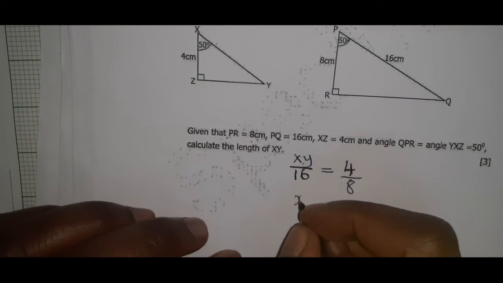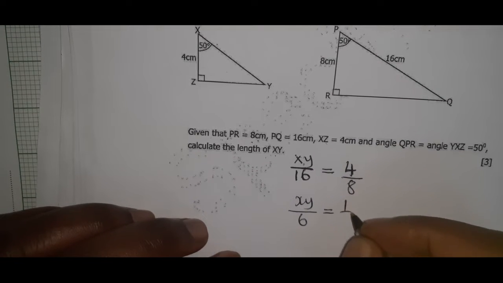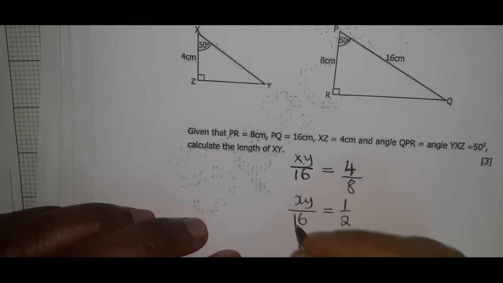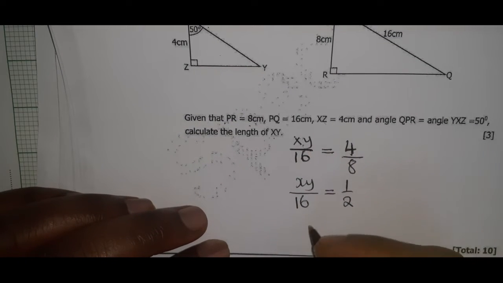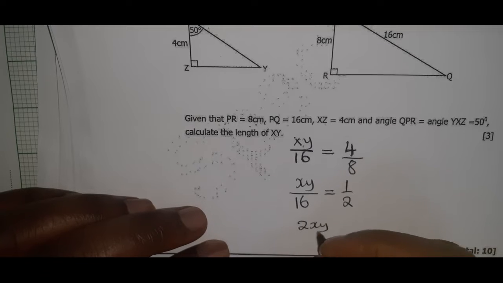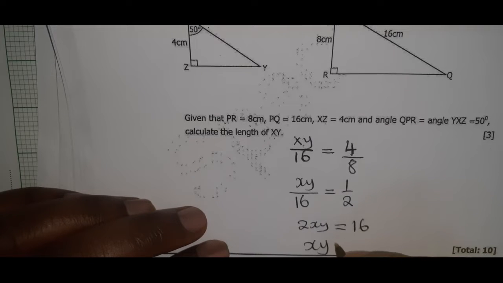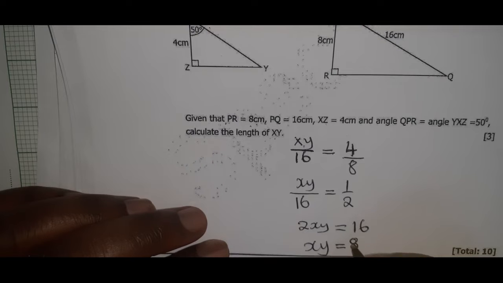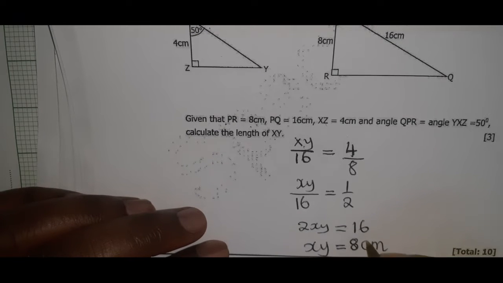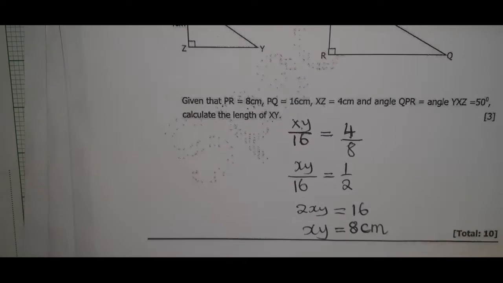So we can say XY over 16 equals 1 over 2. When we cross multiply, we get 2XY equals 16. Then you divide both sides and you get 8 centimeters. That's what you're going to get.